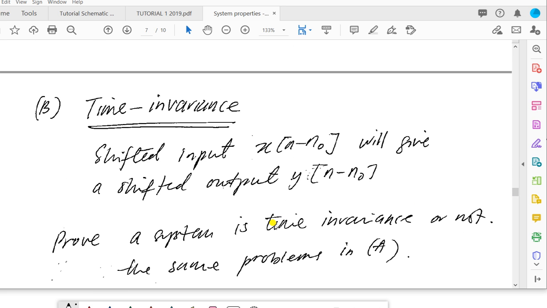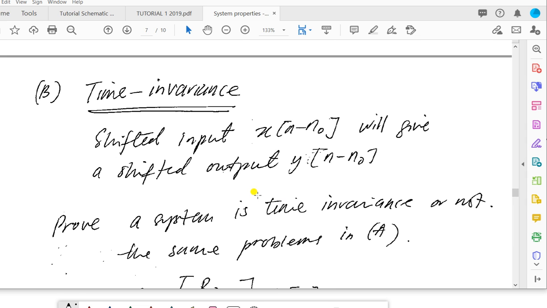Okay, now for time invariant, we need to do two steps only, which are shifted input and shifted output. So a shifted input x(n minus n0), or nd, will give a shifted output y(n minus n0), or nd.